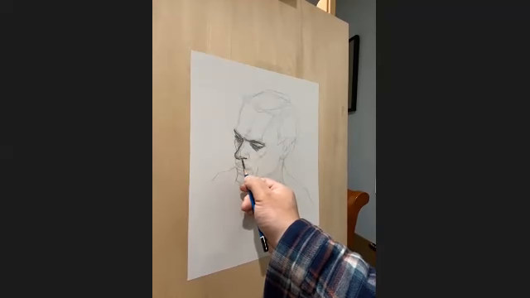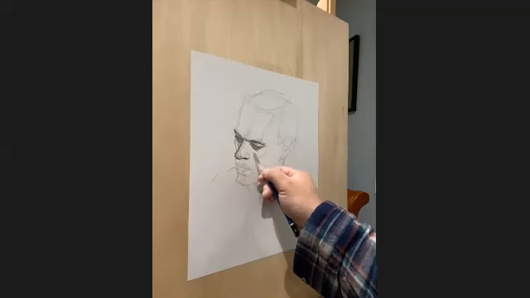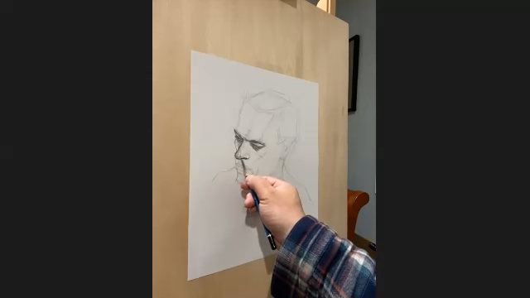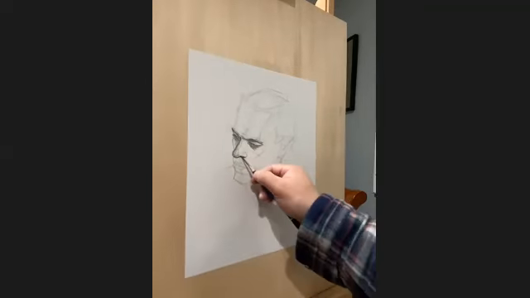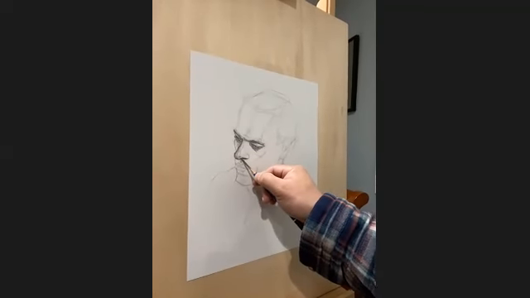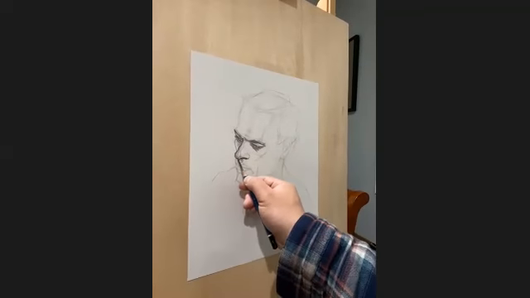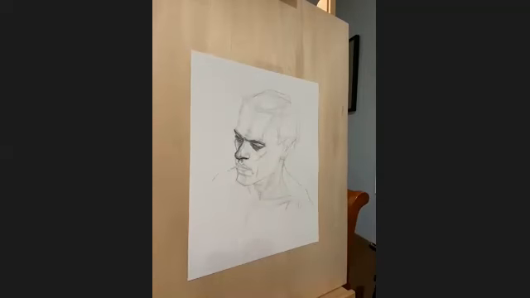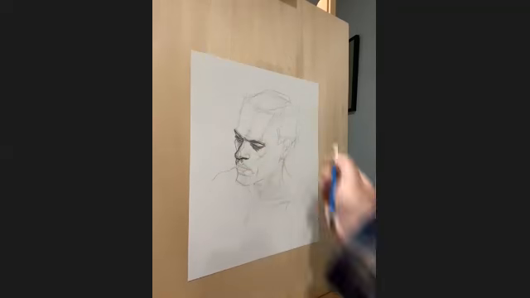Since the nose sticks out so much, the shadow of the nose could be pretty dark, depending on the cast shadow situation. For this work, I don't have so much cast shadow, so I can do this line pretty dark, so they can see the depth under the nose.